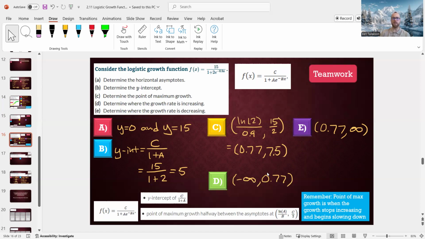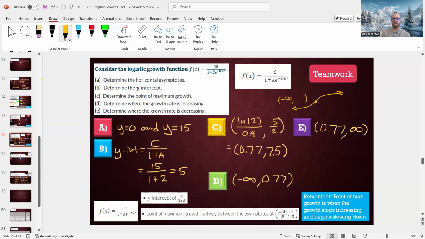And again, we're being asked, where is it increasing and where is it decreasing? Well, we know for all of these graphs, they kind of look like an S or a snake, right? So we know up until the point of max growth, once again, it goes from negative infinity up to whatever that x value is.